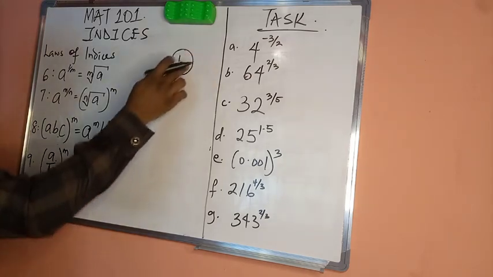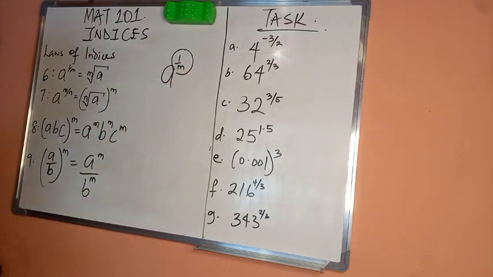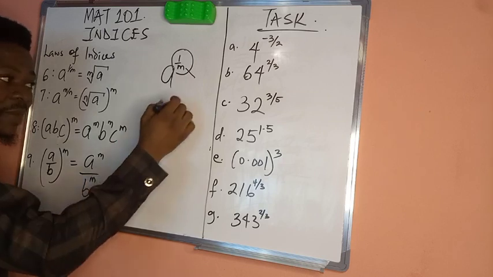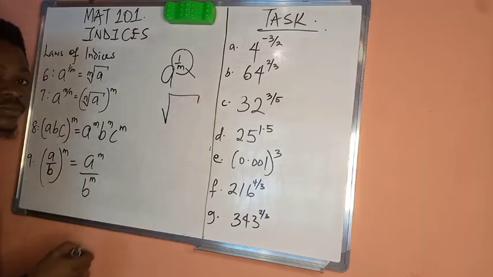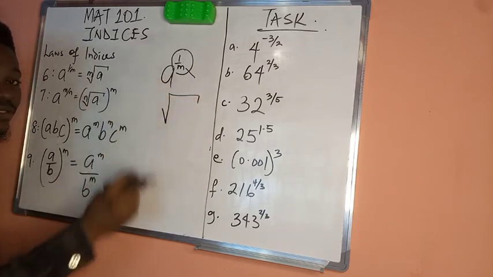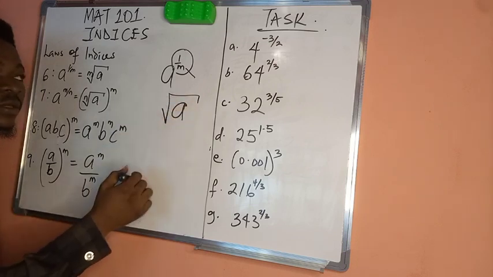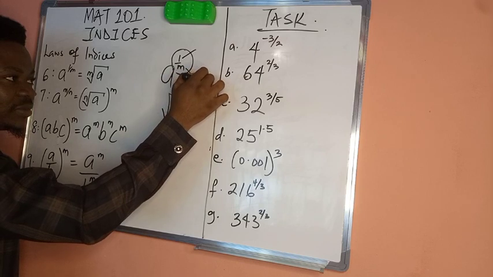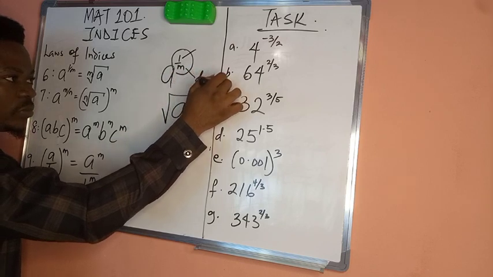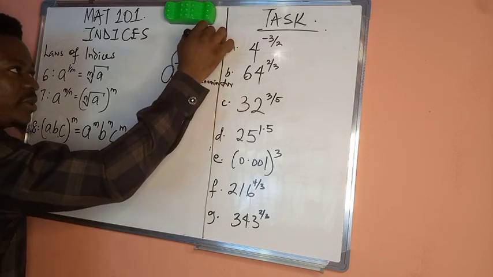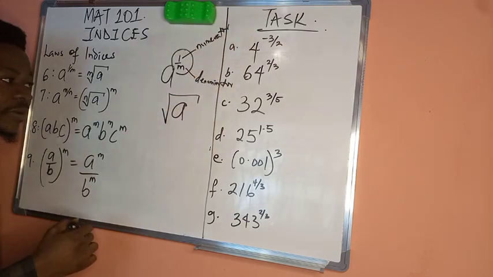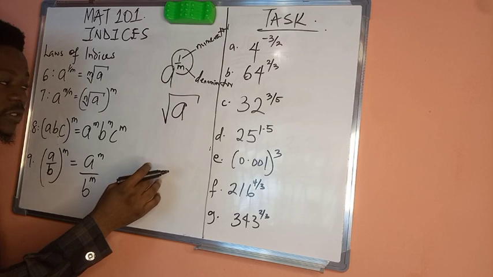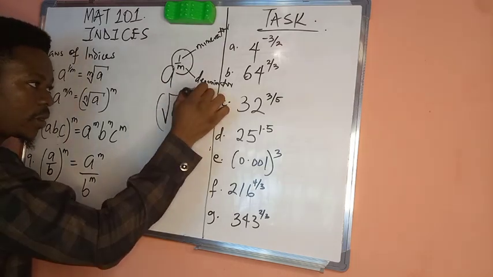1 over m here is the index. I'm saying the denominator of the index becomes the root of the base a, while the numerator of the index becomes the power.